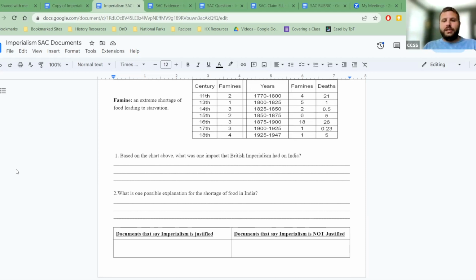Which ones are lending themselves towards the lens of no, imperialism can never be justified? And so going into the structured academic controversy itself, they would have this ready to discuss with their partner, as well as that case study analysis, so that they can really have a deep and informed conversation when the controversy comes to be.